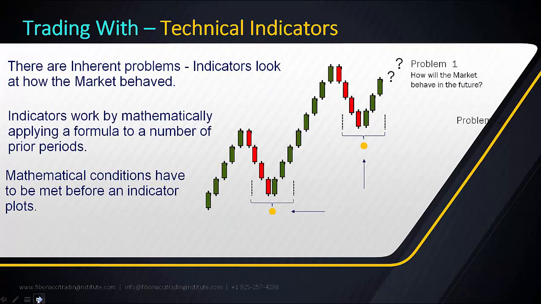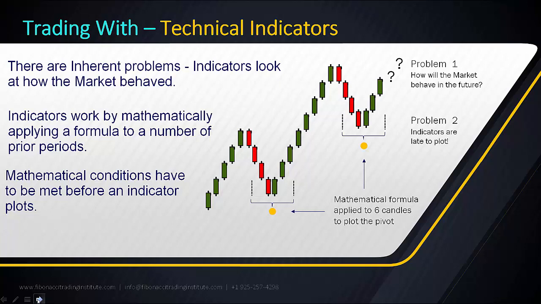So, very important to recognize that Fibonacci and indicators don't have anything in common. Indicators are artificial delayed tools, or the indicators are wishful thinking. If you found indicators that work, it's one indicator in a million. Indicators that work are not for sale. Indicators work by mathematically applying formula to a number of prior periods.